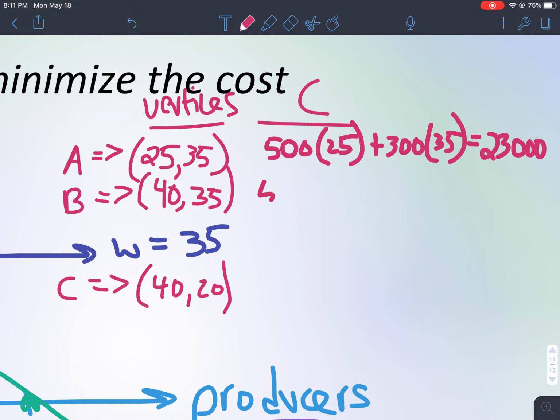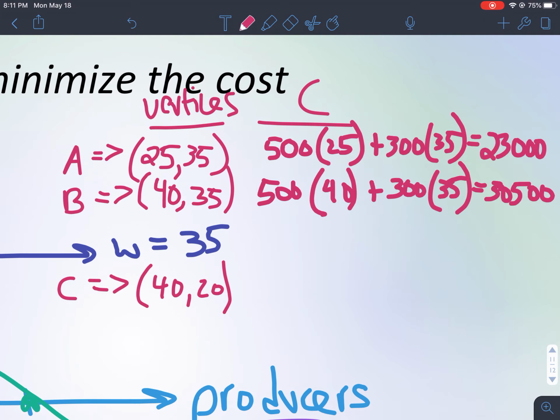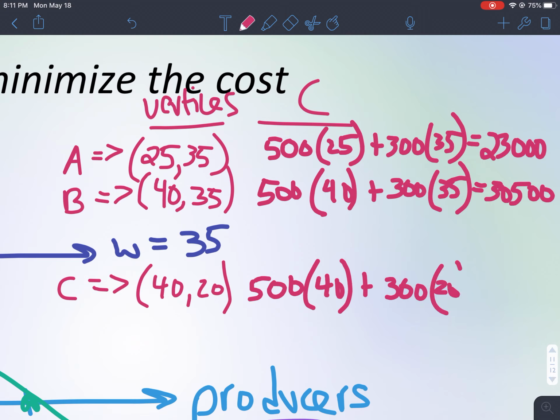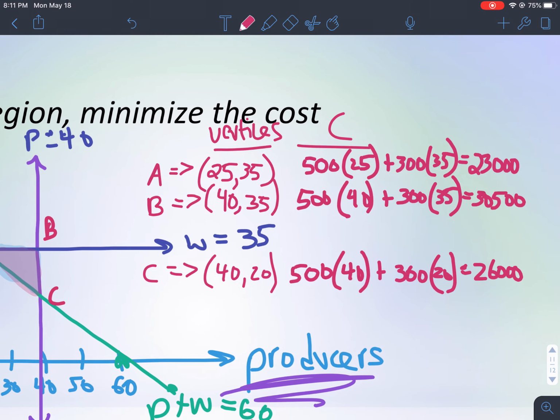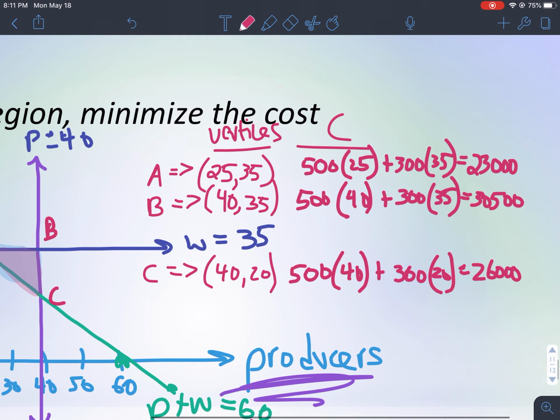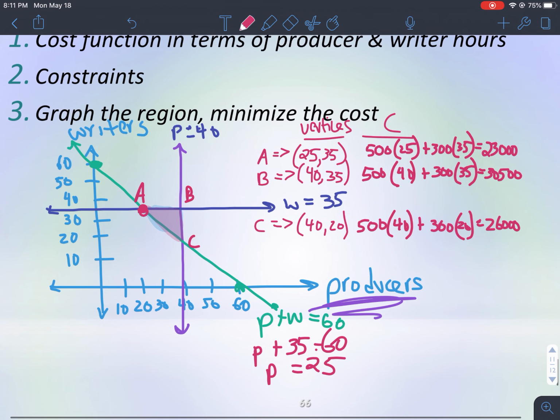For point B, it's going to be 500 times 40 plus 300 times 35, and that's 30,500. For point C, 500 times 40 plus 300 times 20, and that's 26,000. So the least amount of cost here is going to be point A.